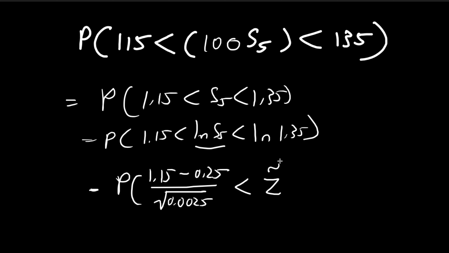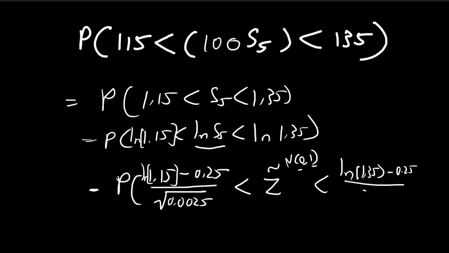Z is the standard normal, where the mean is 0 and the variance is equal to 1. There should be a natural log here, so I left that out: natural log of 1.35 minus 0.25, and then divided by the standard deviation.